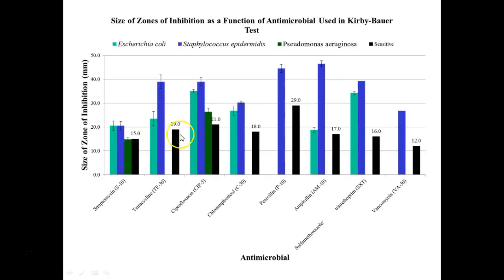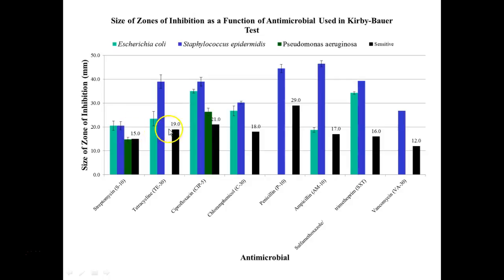Notice for some of these, right, the green bar is Pseudomonas. It only had like 2 measurable zones. And only one of them was sensitive. In this case, it was the Cipro when we tested against Cipro. And just barely against the streptomycin. The dark blue, right, is staph.